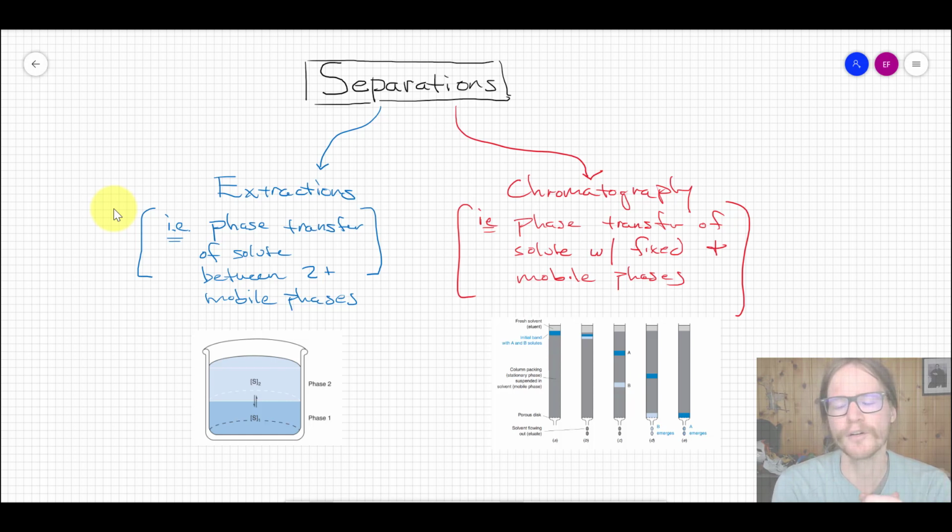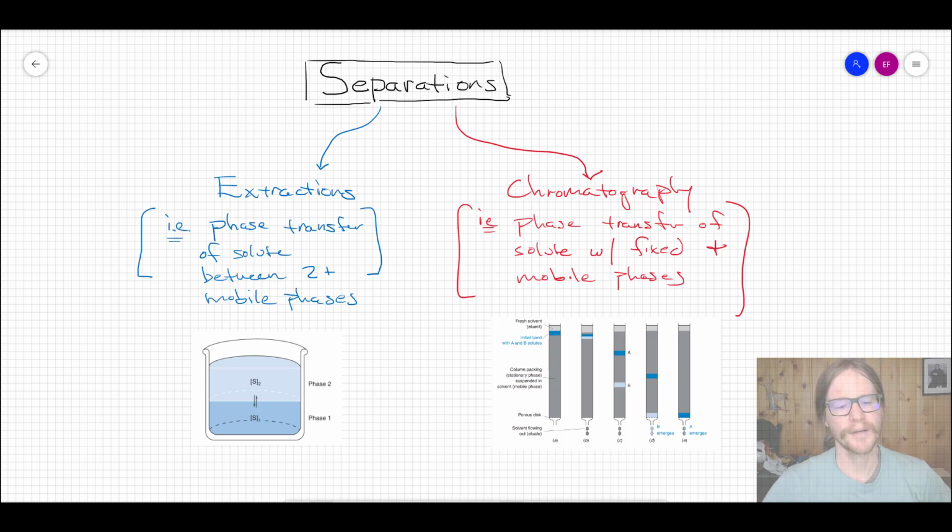The two big categories of separations that we'll discuss in this series of videos are extractions and chromatography. And both of them rely on the phase transfer of a solute that's dissolved in something. But with extractions, we're talking about transfer of solute between typically two or more mobile phases.